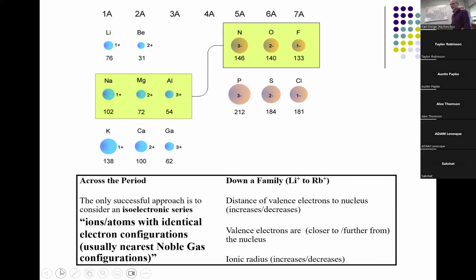Here I'm showing the more stable ions for the main group, across from lithium to fluoride, sodium to chloride, and potassium to gallium. If I had more room, I could show them all. So these are now particles that are already ions. We're not just looking from atom to ion, we're comparing the more stable ions.